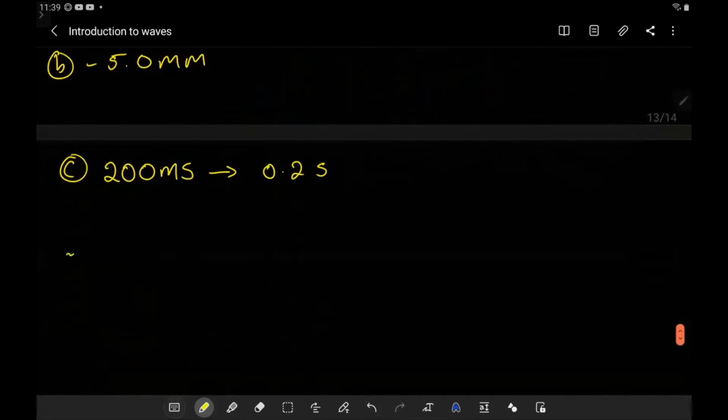Part D, they want to know the frequency. So the frequency is equal to what? How do I find the frequency in this case?